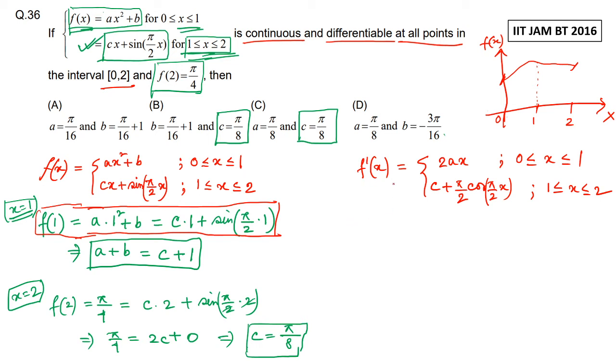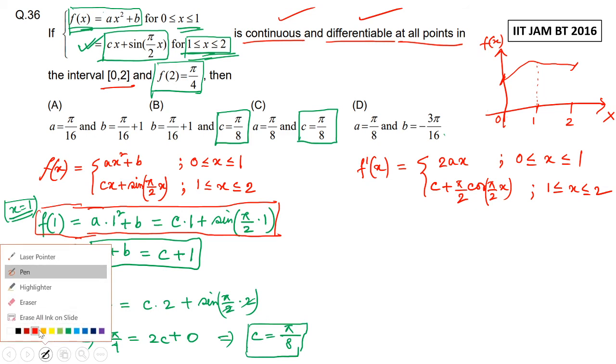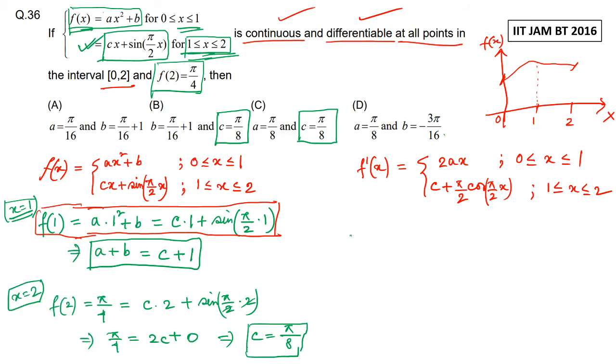Now for f prime x also, if it is continuous and differentiable at all the points, then we can take f prime 1 similarly as before, as we did for the function fx, where f1 equal to ax square plus b equals cx plus sine pi by 2x. So similarly we can equate these two also for x equal 1.